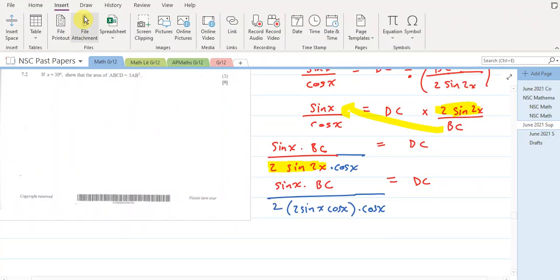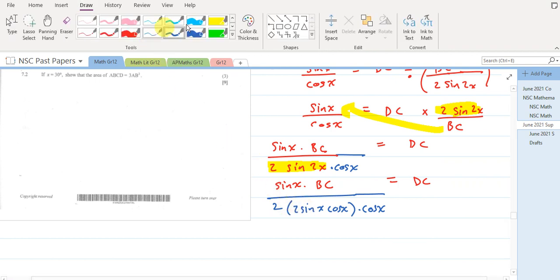So what we can see now is that the sine x and the sine x cancels out, and all we are left with is DC is equal to BC over 2 times 2 is 4, and cos times cos is cos squared x. Right, so that's our solution.